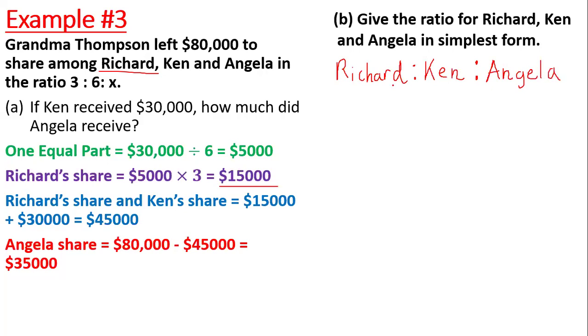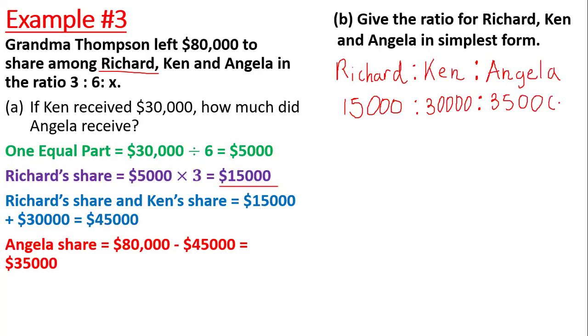We know that for Richard, it is 15,000 for sure. For Ken, it is 30,000. Very good. And for Angela, it is 35,000. That's what Angela did.